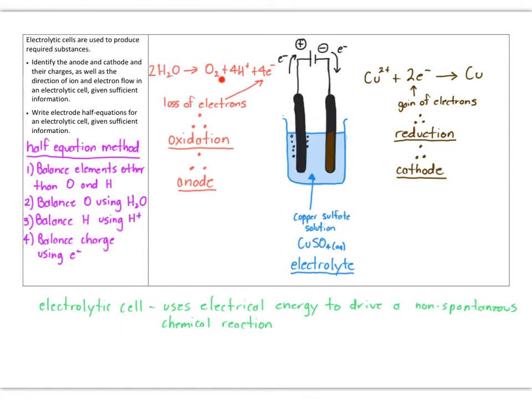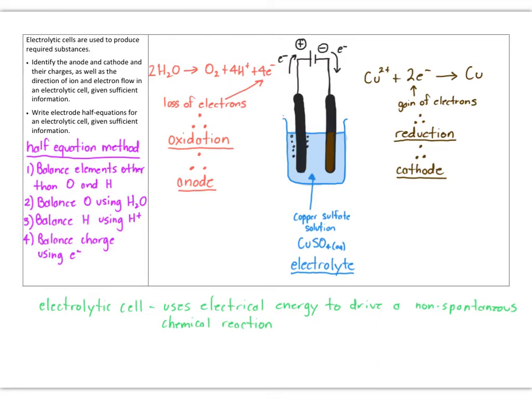So we had O2 on this side originally, H2O, that was our redox couple. So we need 2 water here, so we've got 2 oxygen both sides. Then we balance out the hydrogens using H+, so we've got 4 hydrogens here, so we added the 4 H+ here. And then we balance out the charge using electrons. So we had a 4+ charge here, so we added 4 electrons here to balance that out.